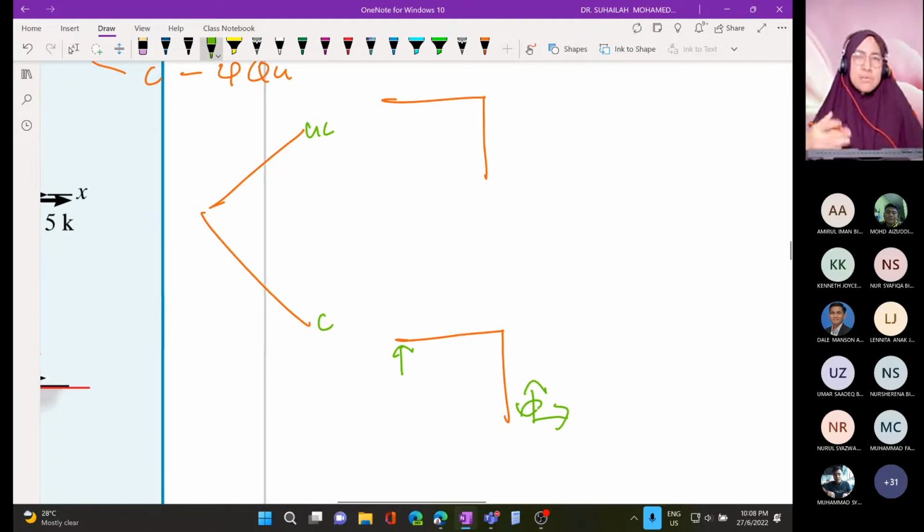If without these 2 diagrams you label directly into the main one, you will be confused. Okay, complete the remaining. Complete the remaining means we have to have these 3 and the remaining 2 like this.